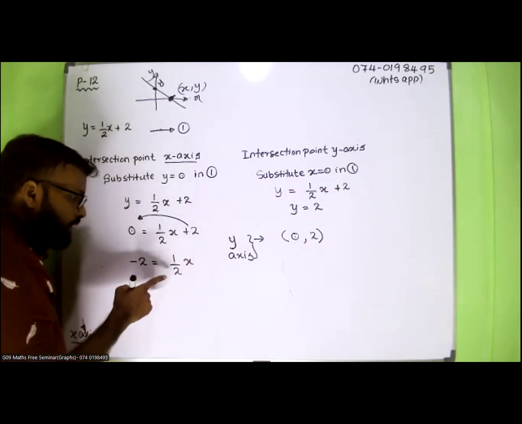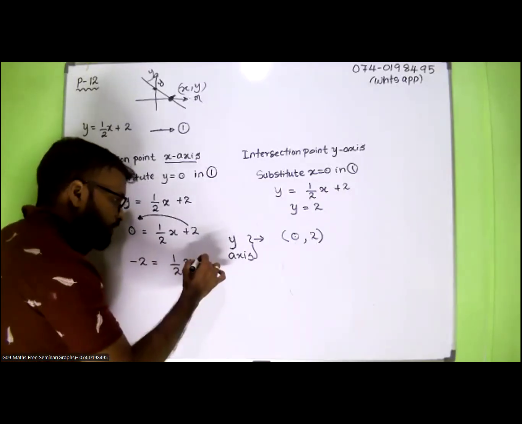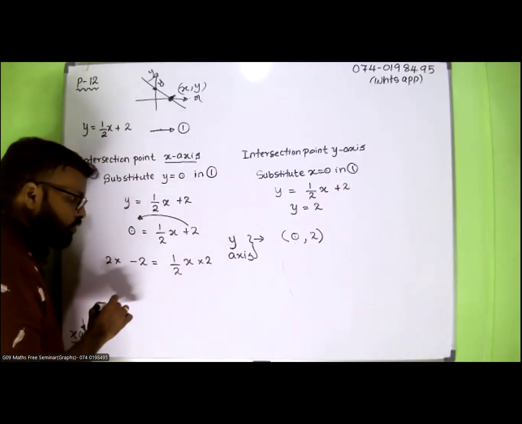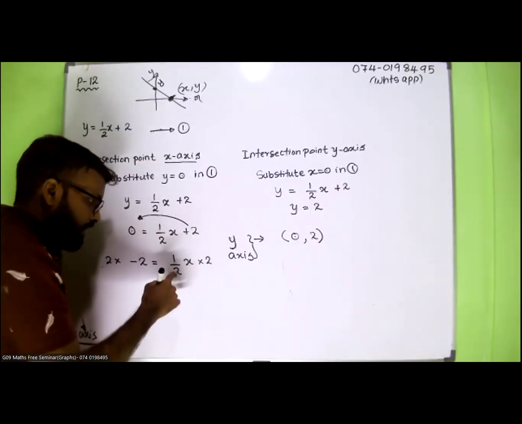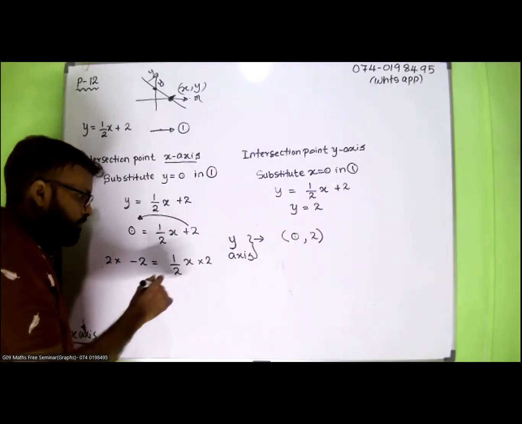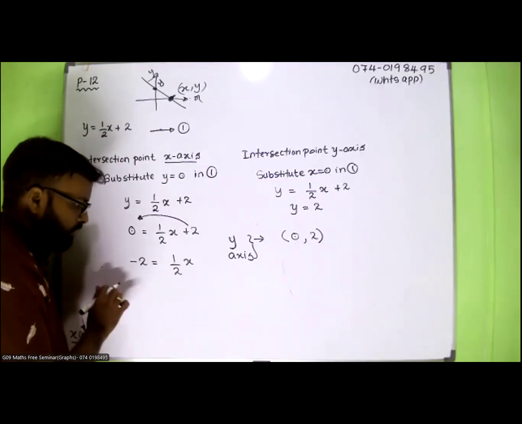Normally, to remove this 2, you multiply both sides by 2. That is the traditional method that you are doing. If you are not familiar with the next method, then at first you can do this: 2 times 2, minus 4.